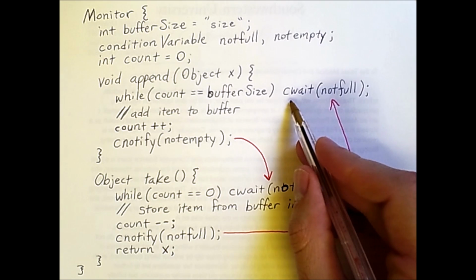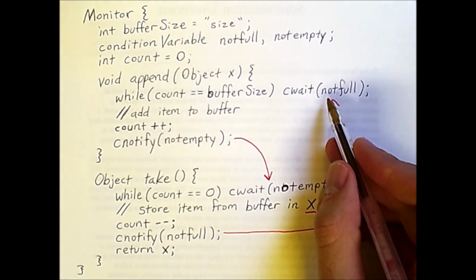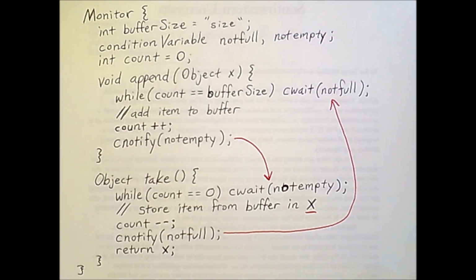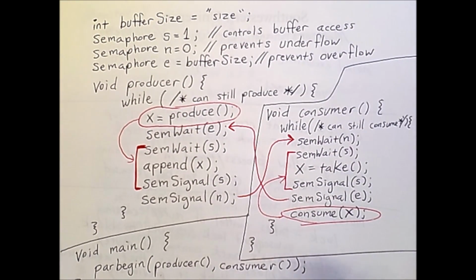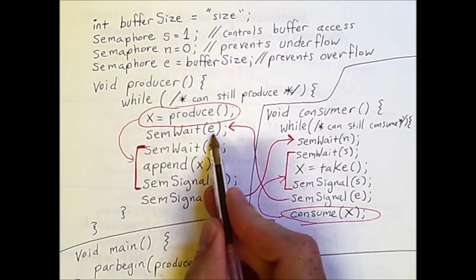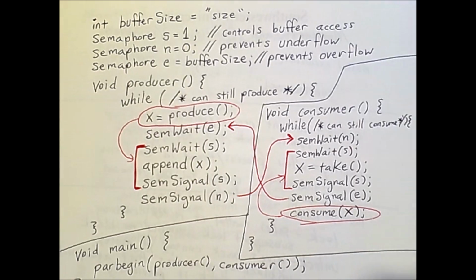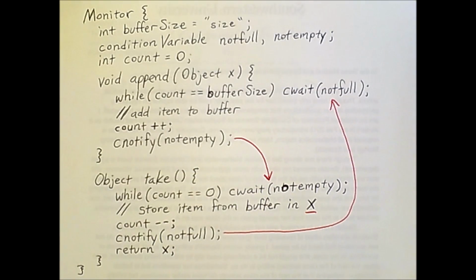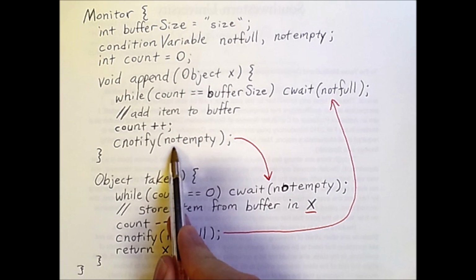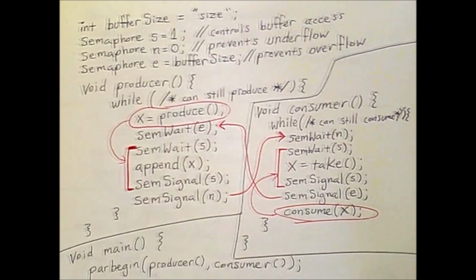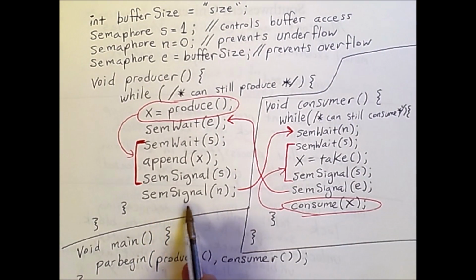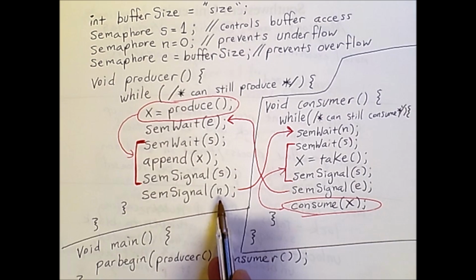So this cWait on the not full condition variable is very similar to the sem wait on the semaphore E in the semaphore solution. Similarly, the notification on the not empty condition variable is very much like the signal on the semaphore N in the semaphore solution.